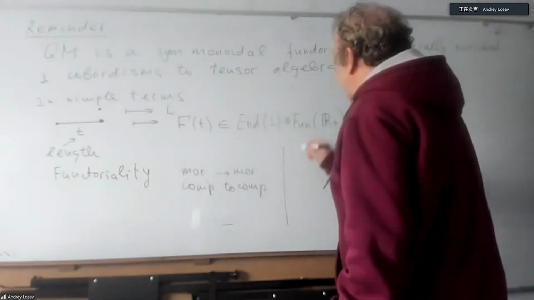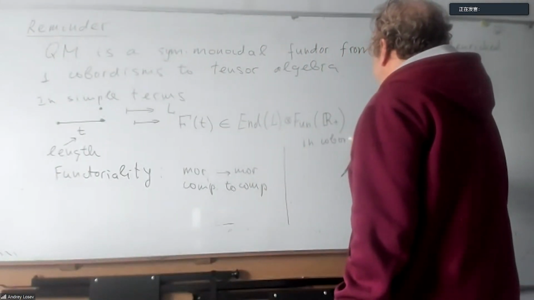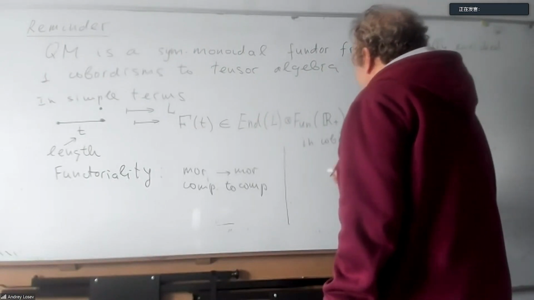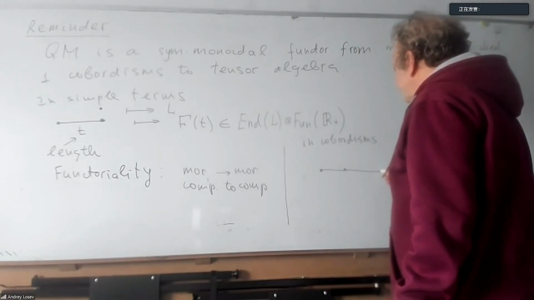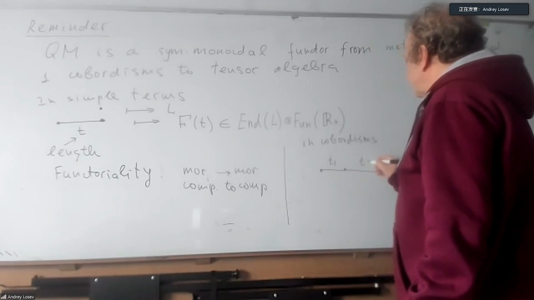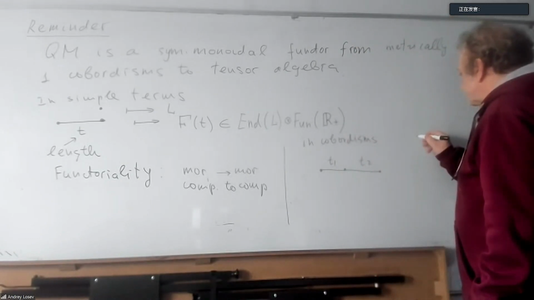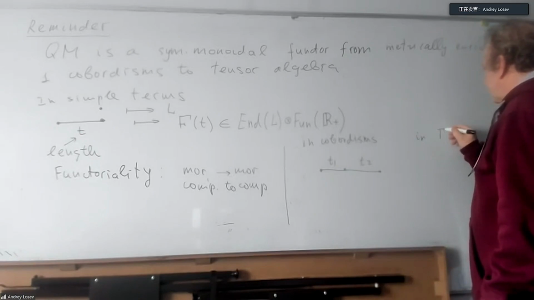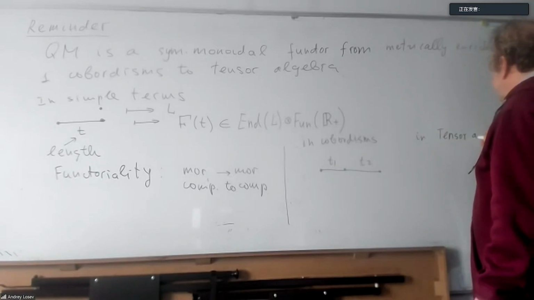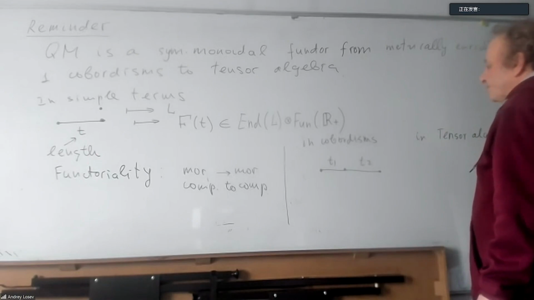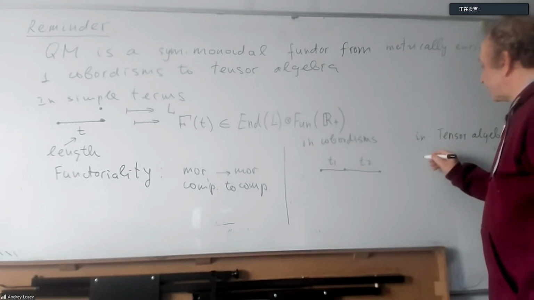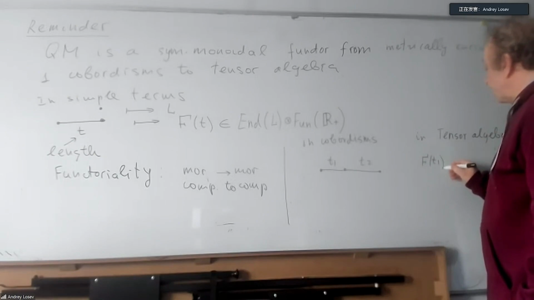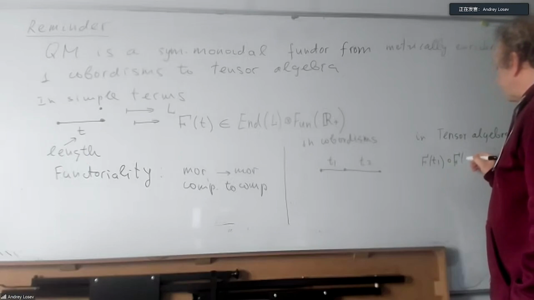In cobordisms, we have T1, T2. In tensor algebra, F of T1 composition with F of T2.